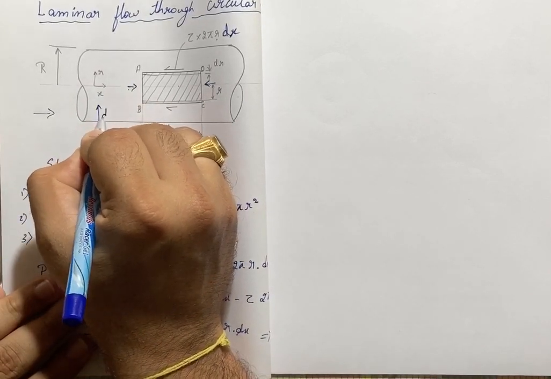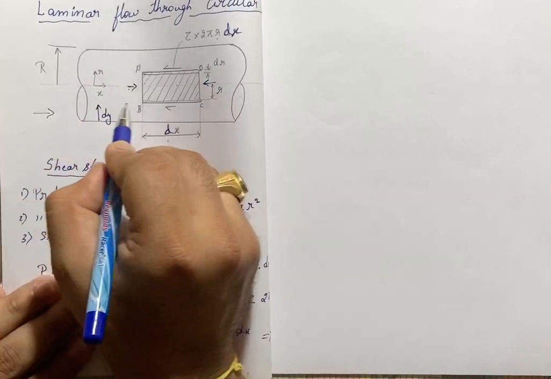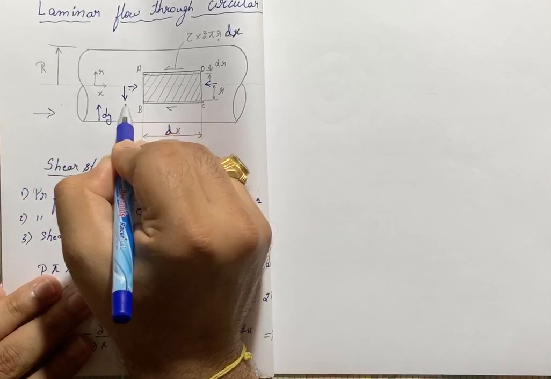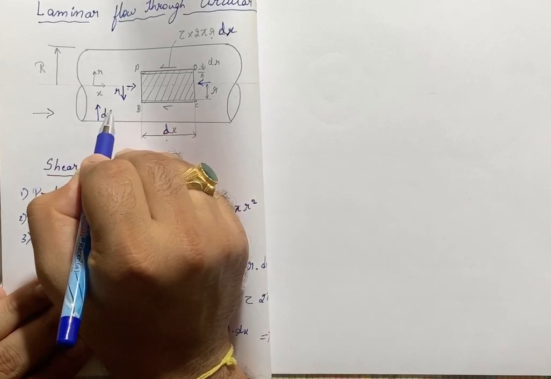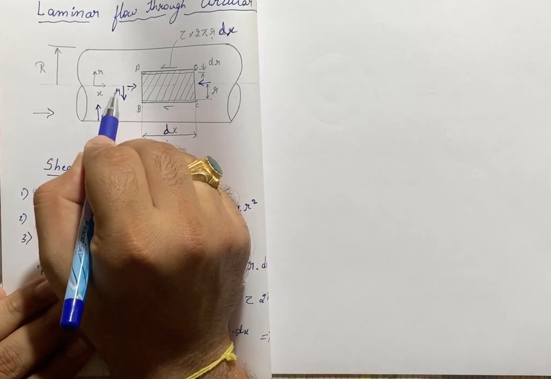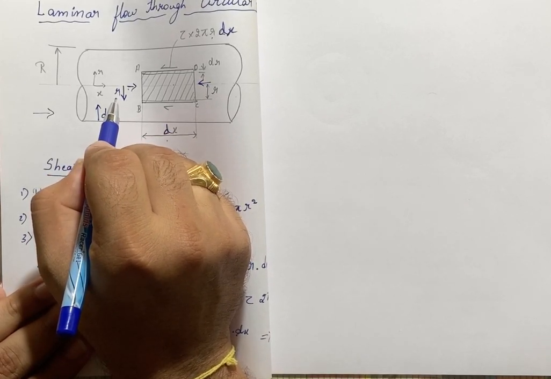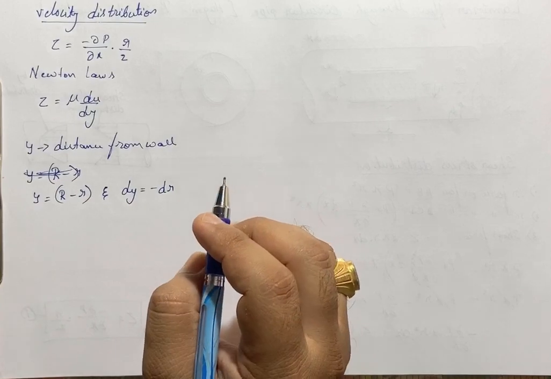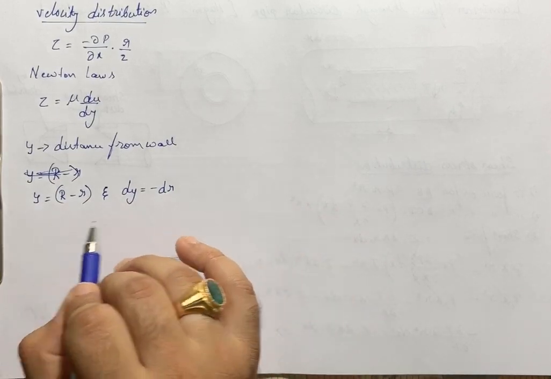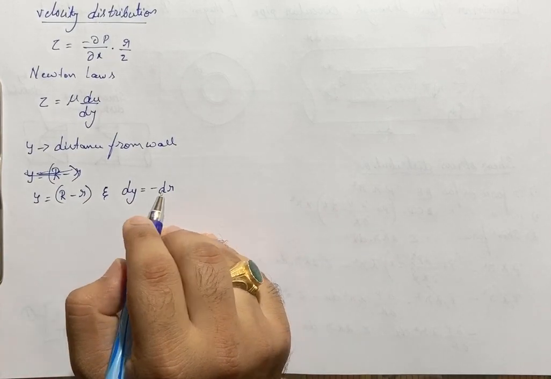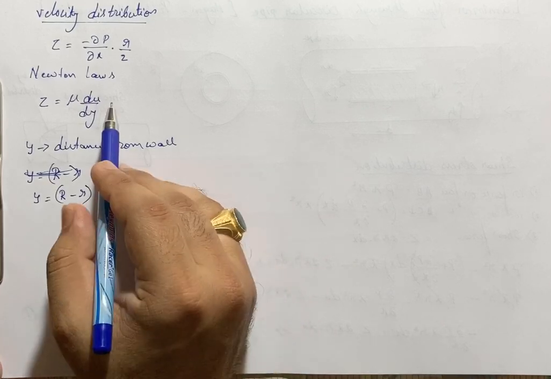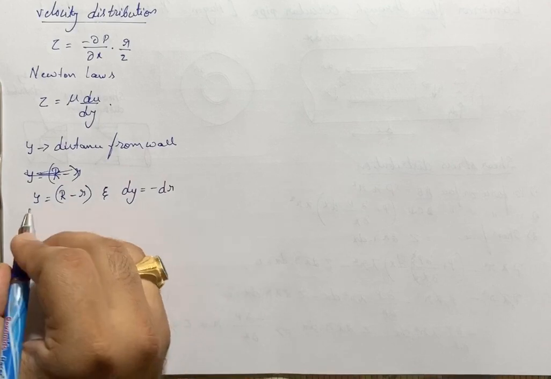This is the dy direction here. But whatever we are measuring, we are measuring from the center of the section. This is the r part here. So both are in the opposite direction. So I can write dy is equal to minus dr. Now when I substitute the value of dy is equal to minus dr in the above equation, what I will get?